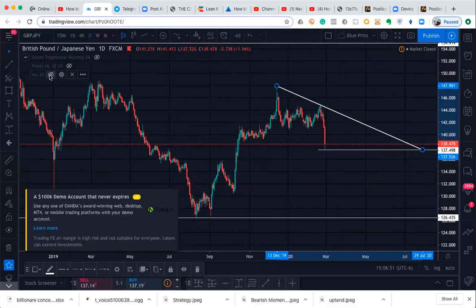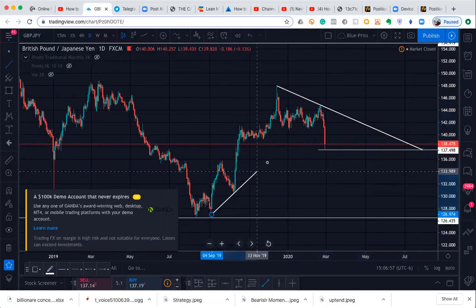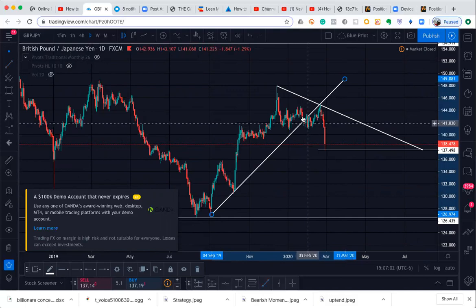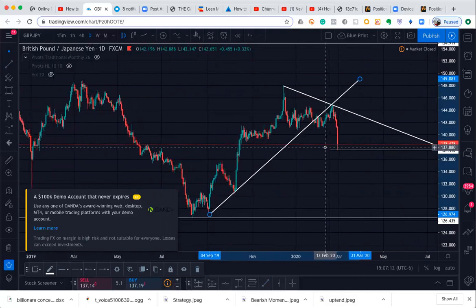And then we got this piece right here. What has price done? It broke out. See that breakout right there, and then it retested. It held on the retest. Bam.